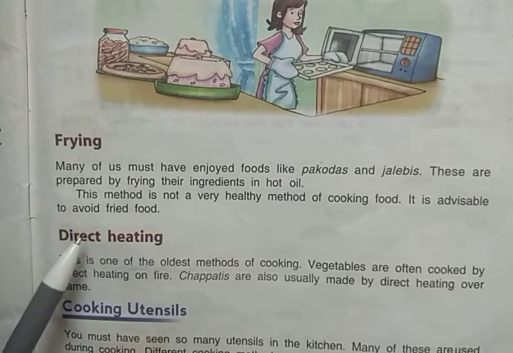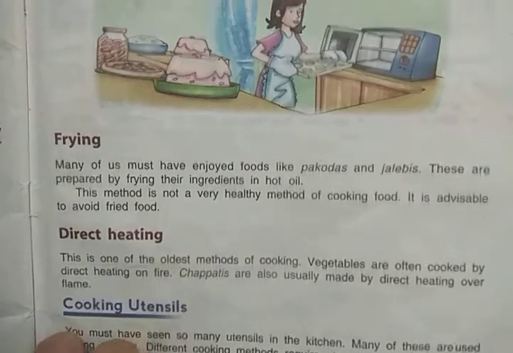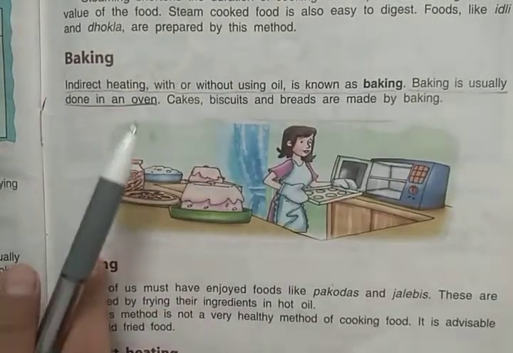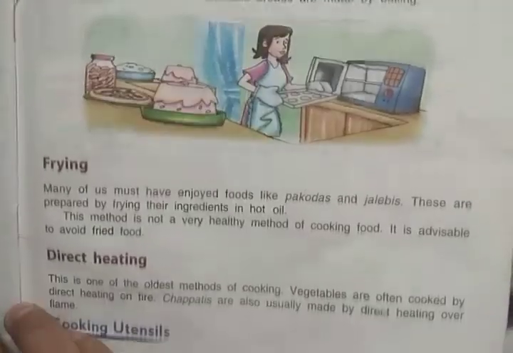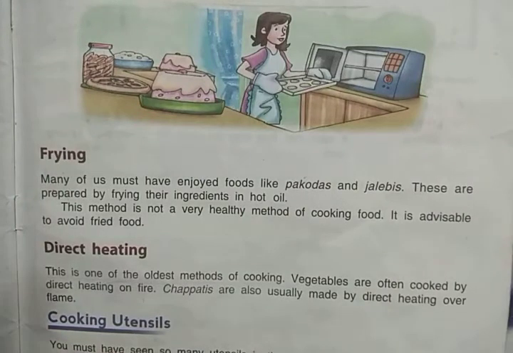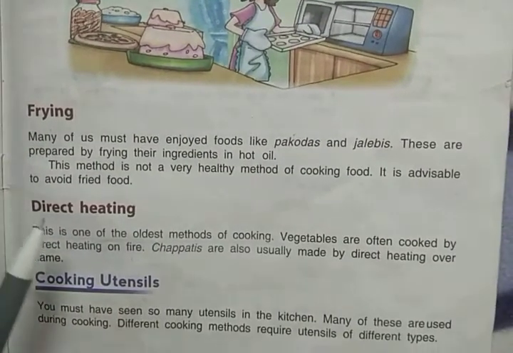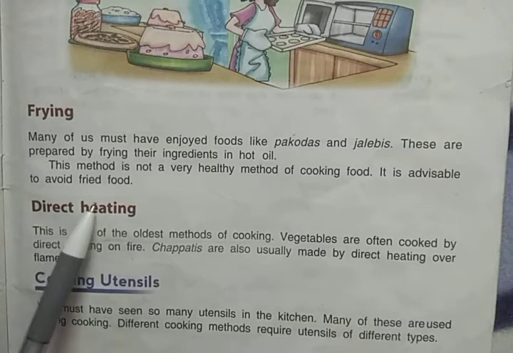And the last method of cooking that we have discussed is direct heating. In indirect heating, we only use the heat of the fire, but in direct heating, we directly put the thing in the fire. This is the oldest method of cooking.